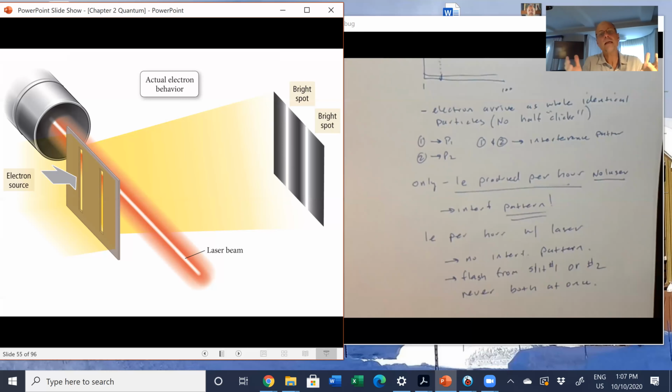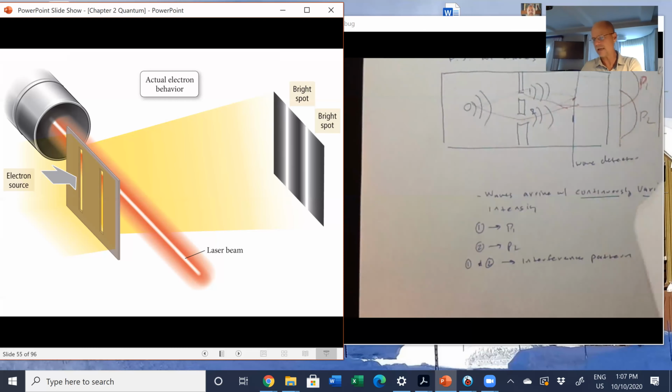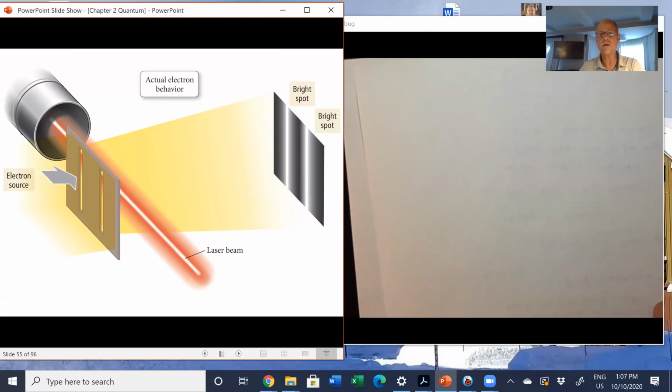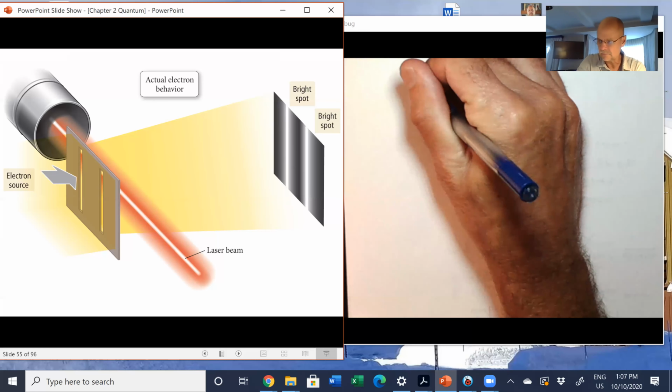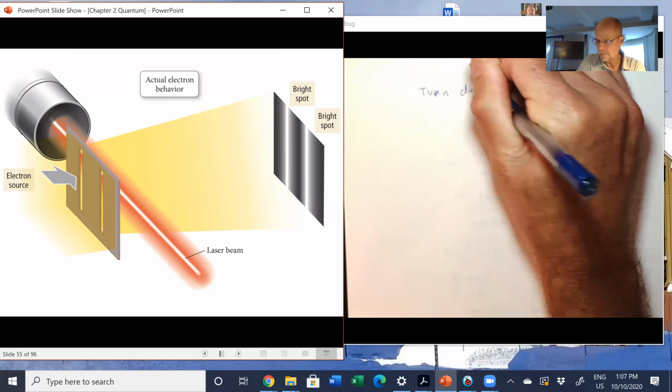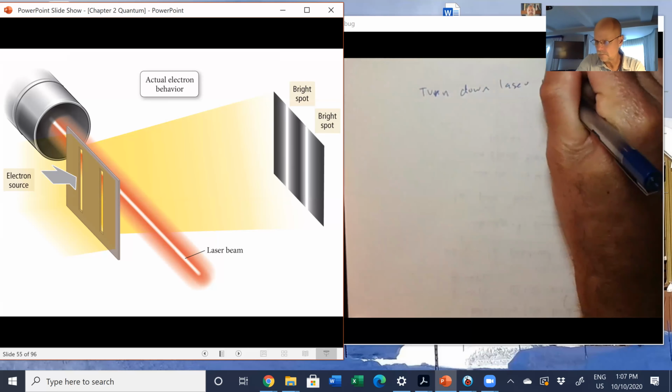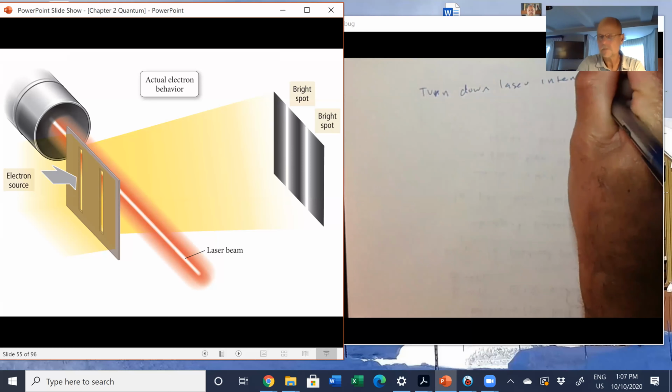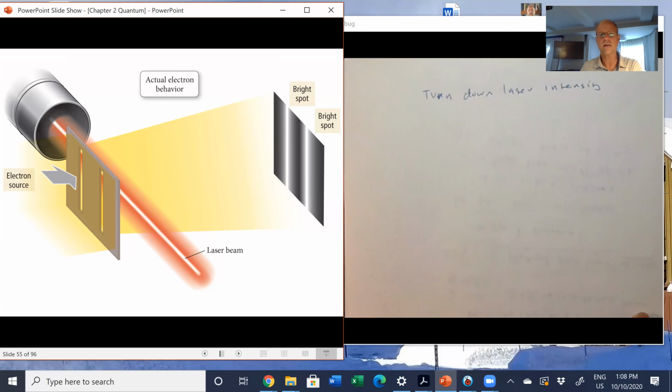All right, well, maybe electrons are delicate things and the laser is disturbing them. What if we try some other things? Like, for example, maybe we turn down the intensity of the laser so it's not quite so bright.